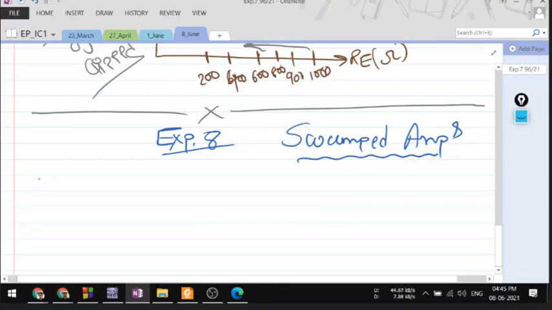Okay, so we will use the same circuit. Whether it is experiment number 6, experiment number 7, or experiment number 8, all of them are using the same circuit. Focus is on the same circuit.